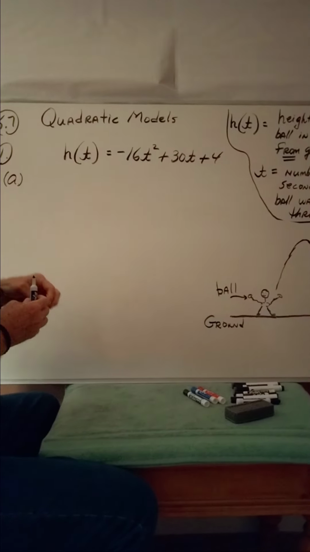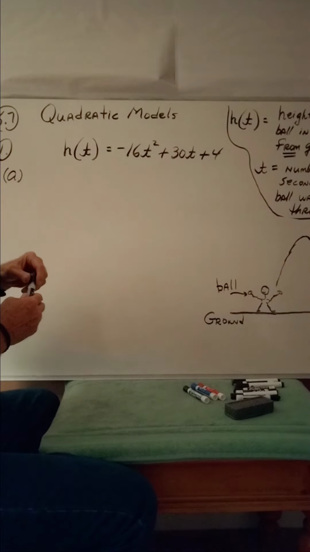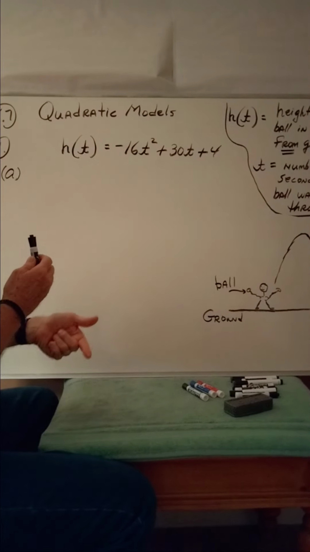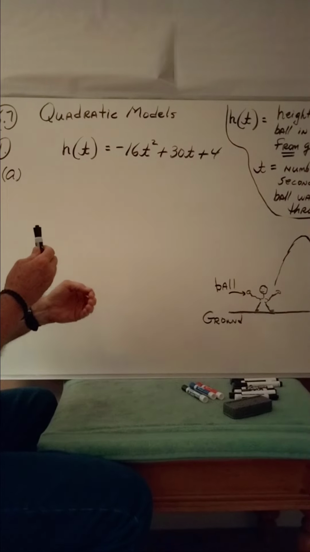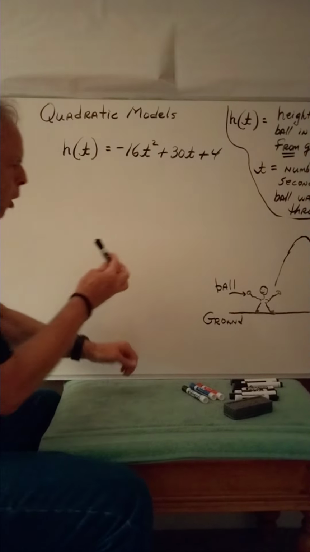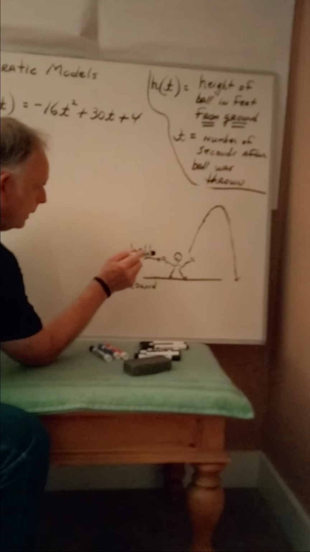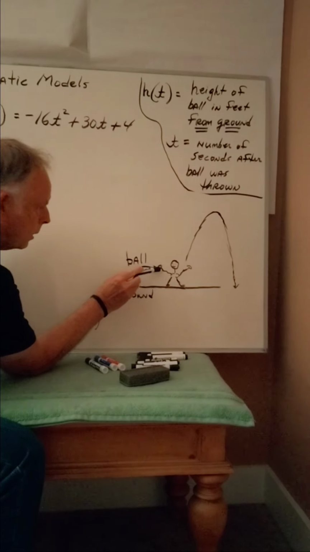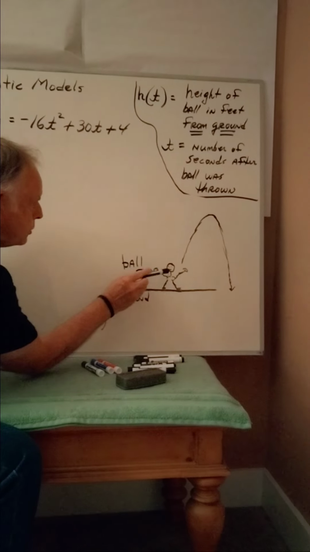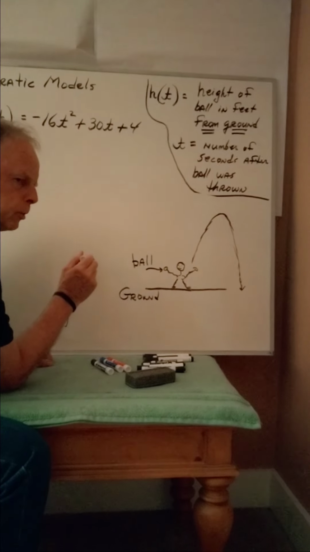We have to identify a number of seconds that are going to be elapsed. Well, there aren't going to be any seconds that are elapsed because the ball is resting in the hand of the Little League player. He hasn't released it yet upward. He hasn't thrown it yet.